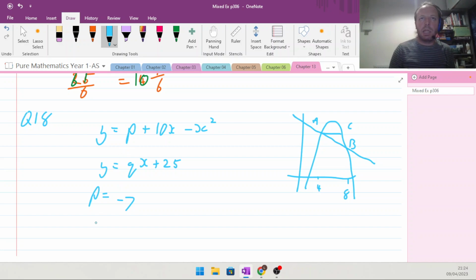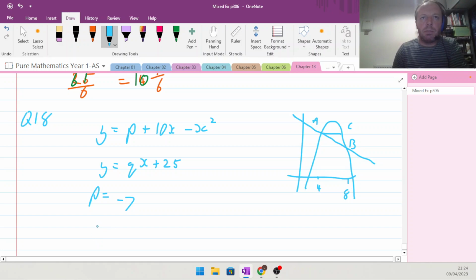So now we're going to show p equals minus 7. With that being there, we know the value of y is minus 7, so as this drops down here, it's going to become minus 7. y equals minus 7 plus 10x minus x squared.